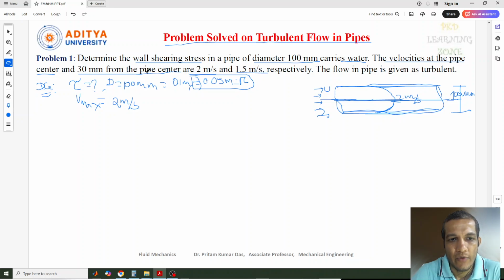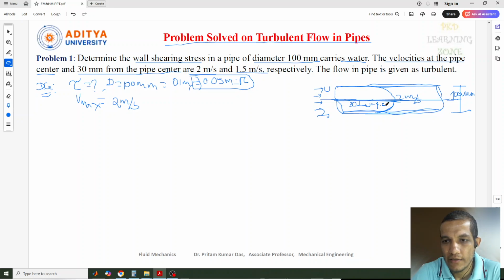And 30 mm from the pipe center. This is the pipe center, and from here consider 30 mm. The velocity here is given as u equal to 1.5 meter per second.